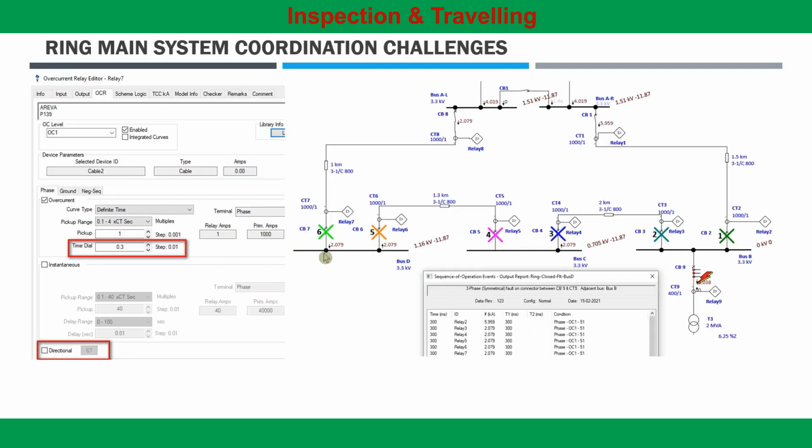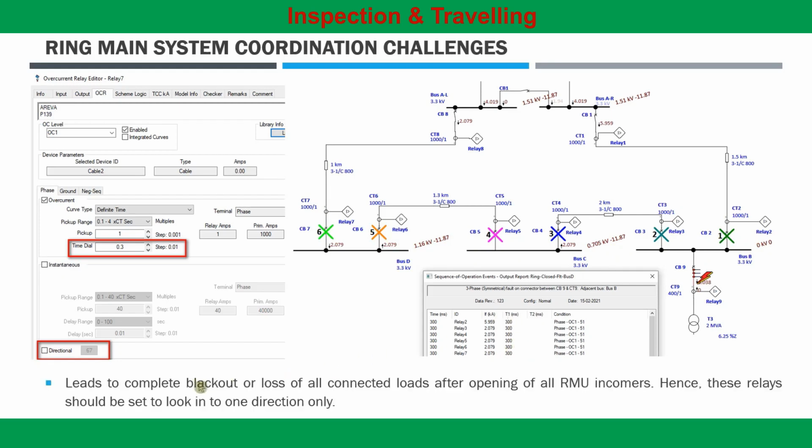Whatever we discussed a while ago is demonstrated in this figure. If you keep the same setting for the incomer relays of the ring main protection unit, and there is a fault at an outgoing feeder, all the incoming relays of the ring main system will trip in 300 millisecond simultaneously, which leads to complete blackout or loss of all connected loads.